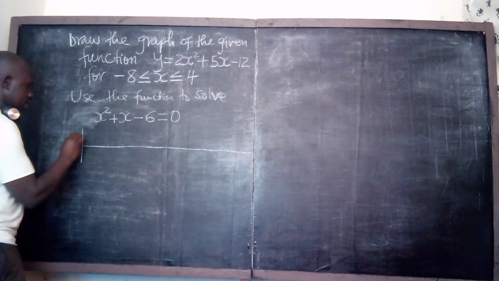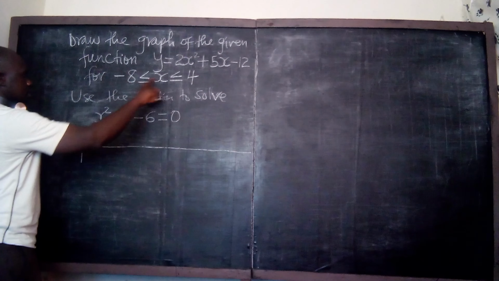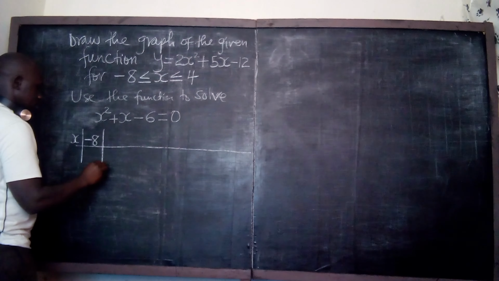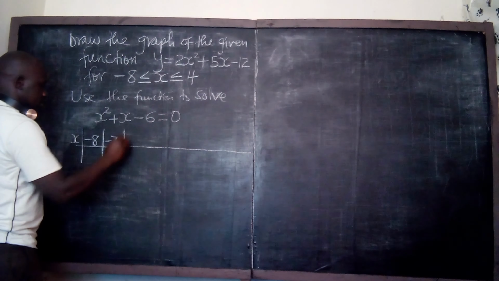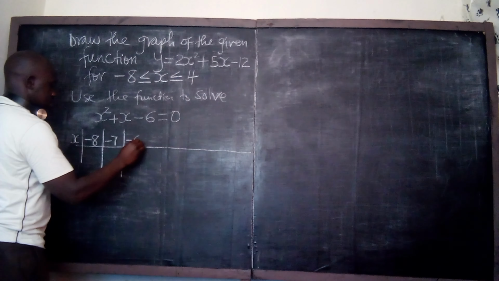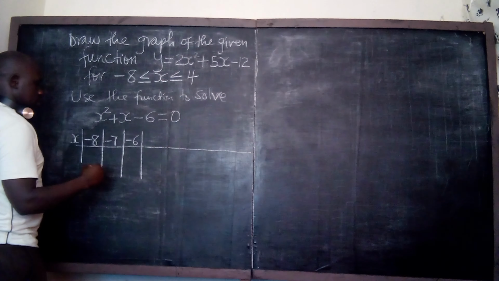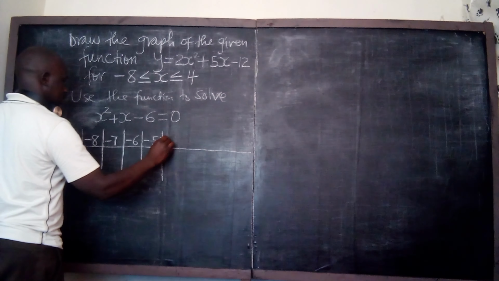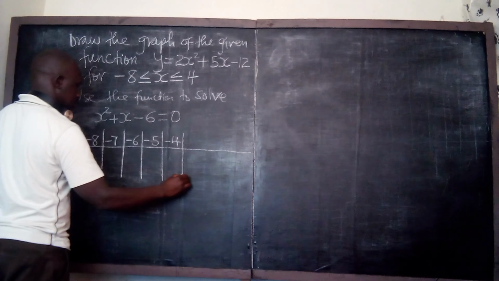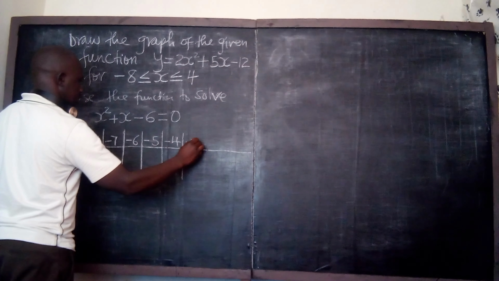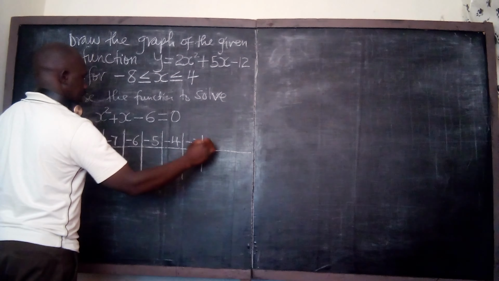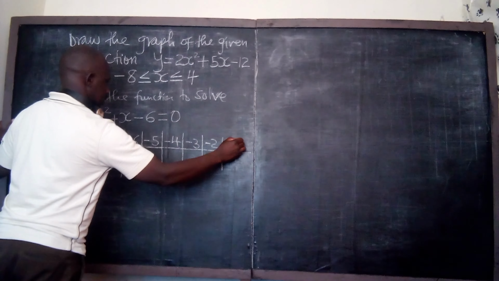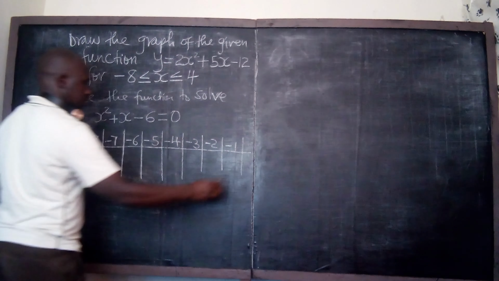So the values of x range from minus 8, minus 7, then we have minus 6, in intervals of 1, then we have minus 5, minus 4, minus 3, minus 2, minus 1, then we have 0.